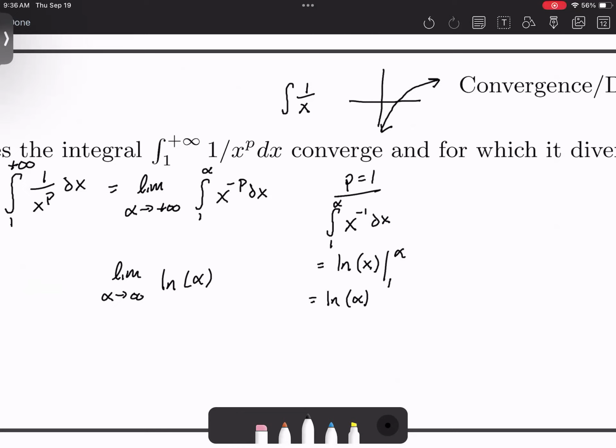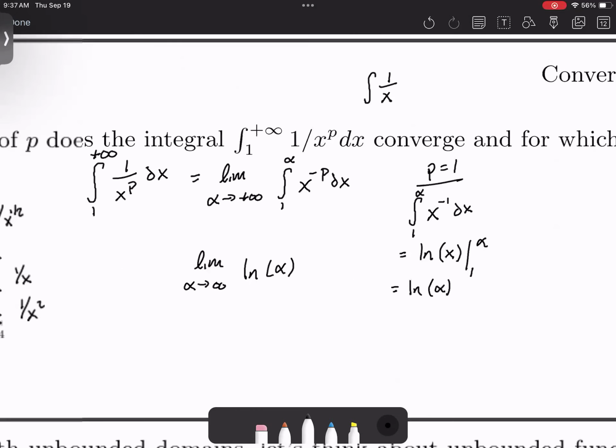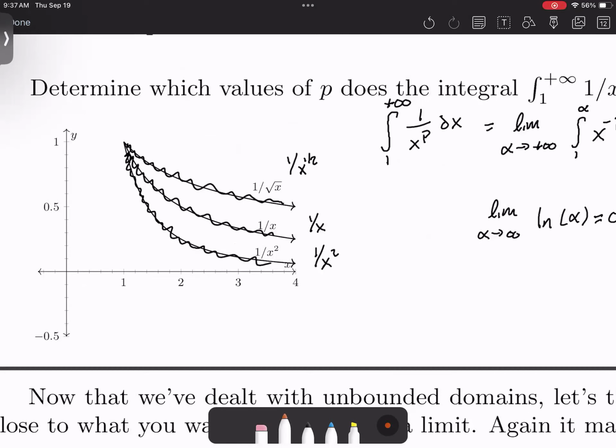And even though it slows down, eventually it's unbounded. So this becomes infinity. So underneath the 1 over x function, there is an infinite amount of area. So this function here does not decay fast enough. The integral diverges. There's an infinite amount of area underneath it.